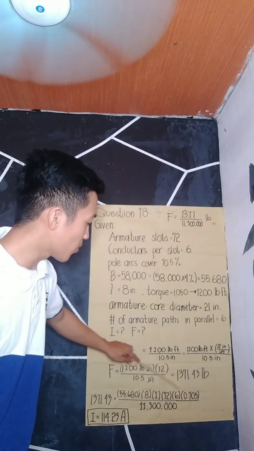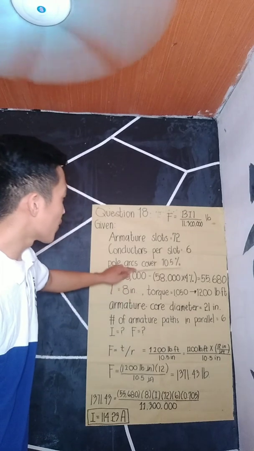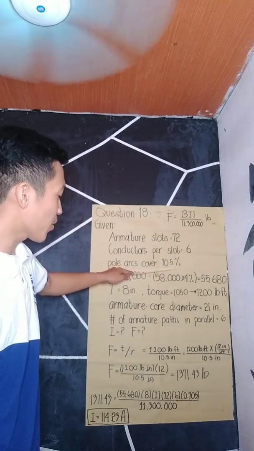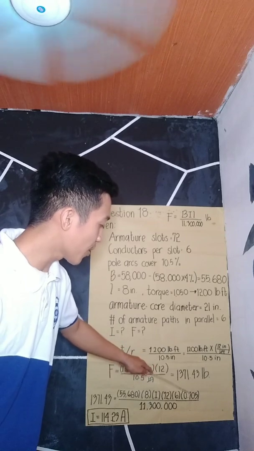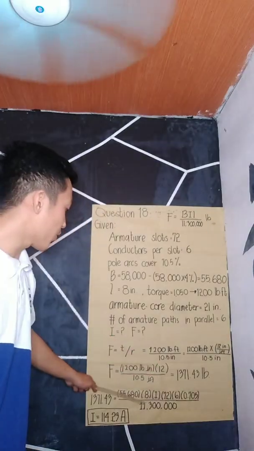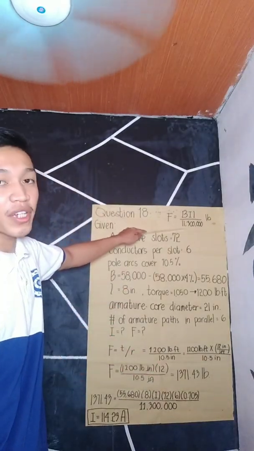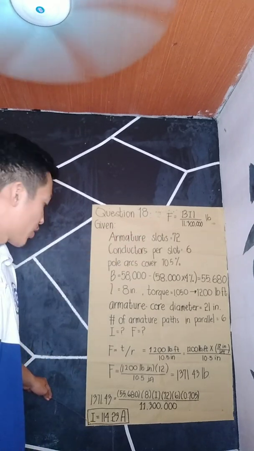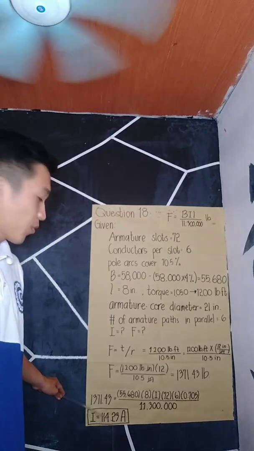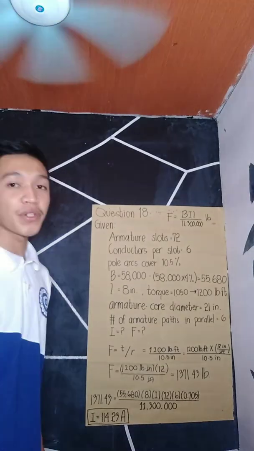So 72 times 6, and it covers 70.5% of the circumference, which is 0.705, all over the constant, which is 11,300,000. Now we have the new value of current, I is equal to 114.23 amperes.